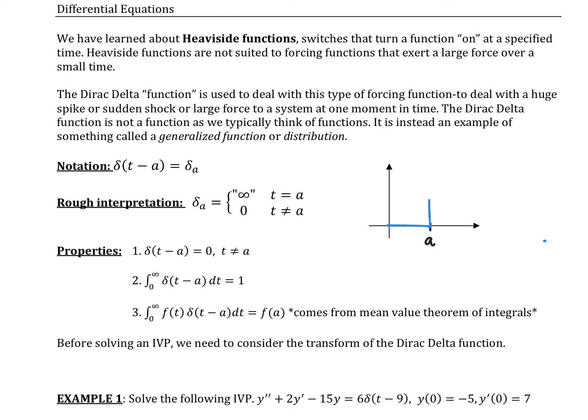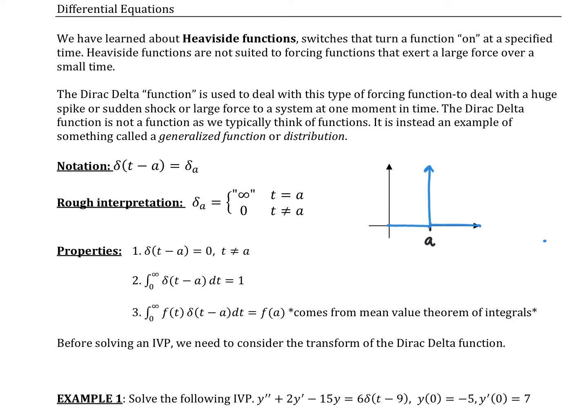At a, we have a vertical spike up, and then instantaneously after a, it's at 0 again. So maybe think of this like a baseball being hit by the bat. The moment the bat makes contact with the ball, we have this force being exerted, and that is the Dirac delta function.